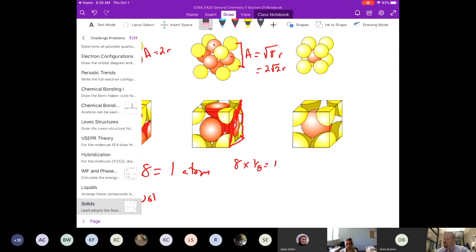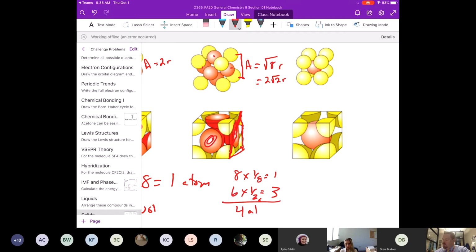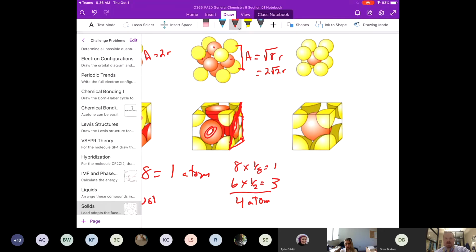And if we look at this one, we can see that that is cut in half. So we have 6 faces where half of the atom is inside the box. So we now have a total of 4 atoms worth of material inside the box.